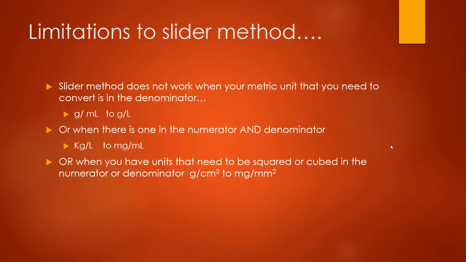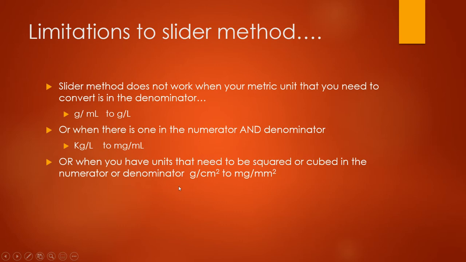So it doesn't work when the unit you need to convert is in the denominator, like grams per mil to grams per liter, which are things that we would use in density measurements. Or when you've got something that's in the numerator and the denominator, like kilograms per liter to milligrams per milliliter.